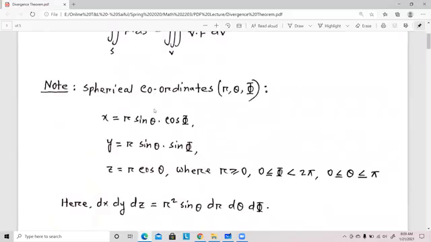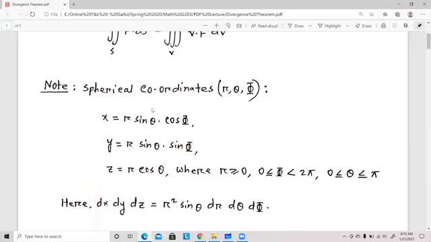There are three kinds of coordinates: Cartesian coordinates, polar coordinates, and specifically the cylindrical coordinates, the spherical coordinates.